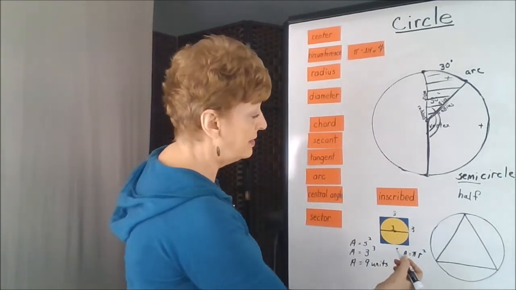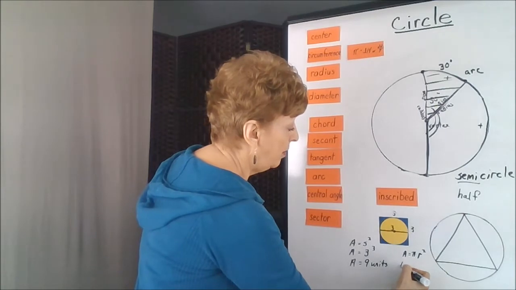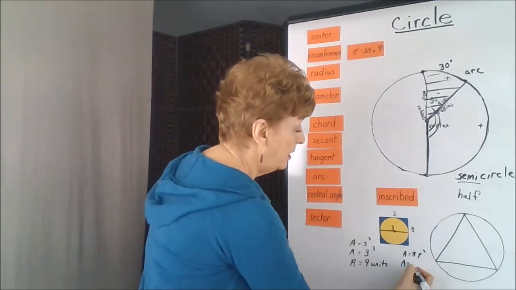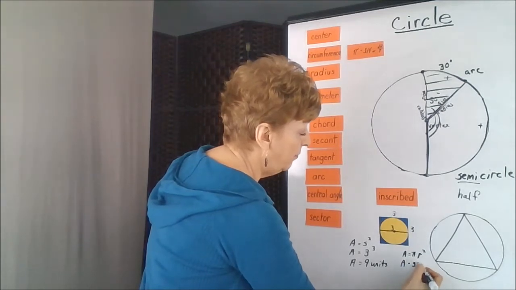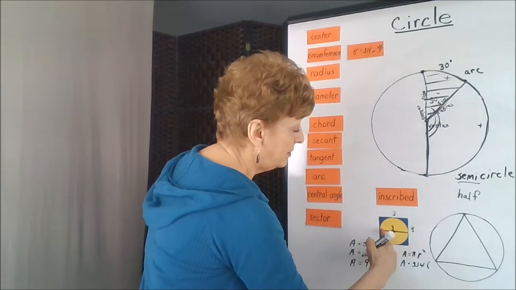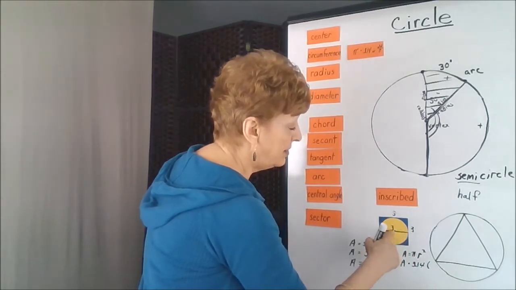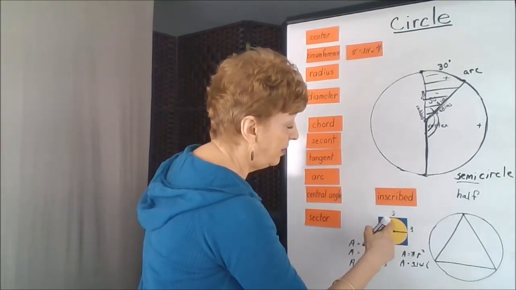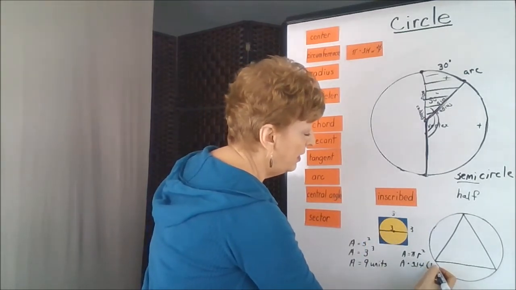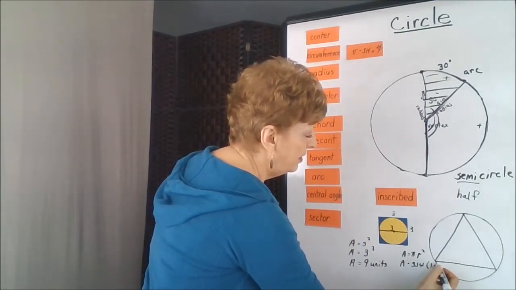So in this case, if we did the area, I'll use the decimal, equals 3.14 times the radius, which is half of this. Radius is half of the diameter. So I would have to use 1.5 squared.